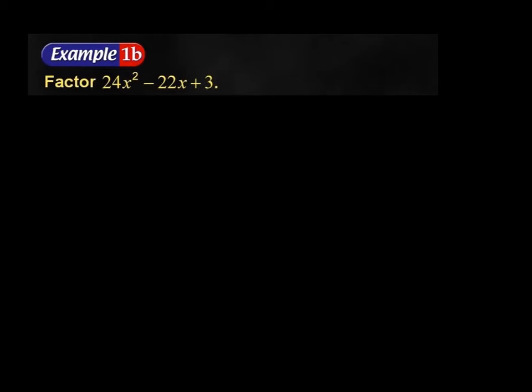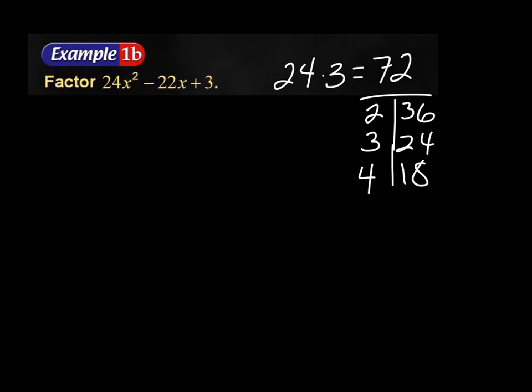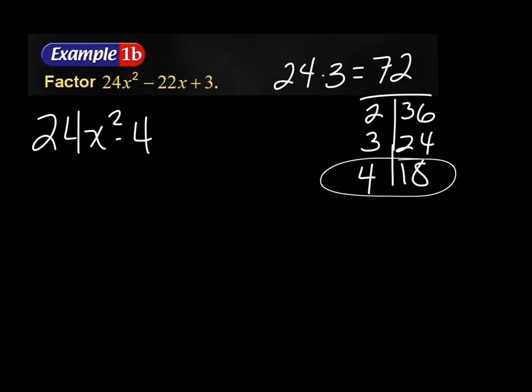Ooh, got a negative. It's okay. 24 times 3 is 72. And so we need factors of 72 that are going to give us a sum of negative 22. There's my pair. So I'm going to rewrite this as 24x squared minus 4x minus 18x plus 3.